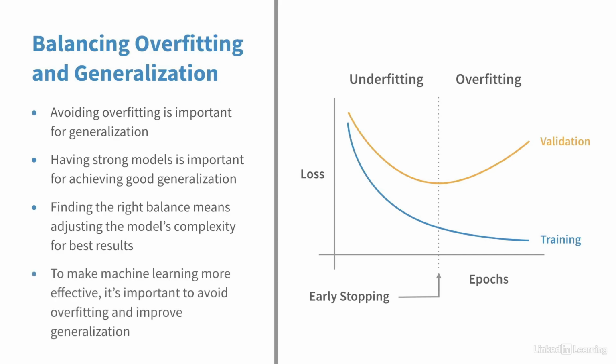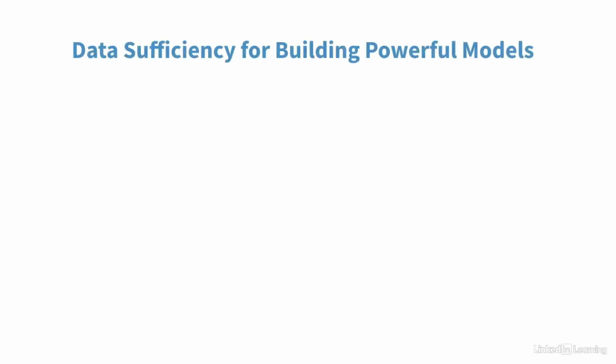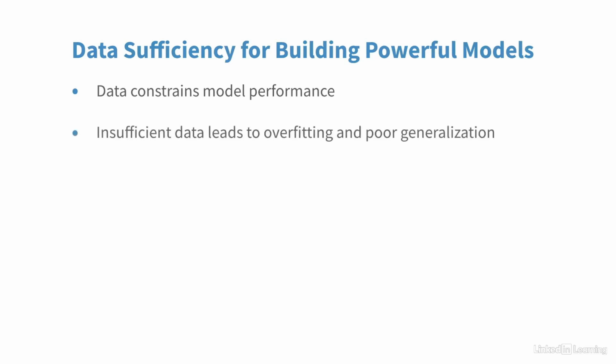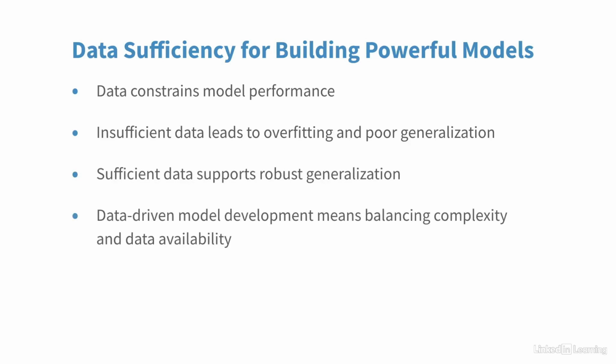To achieve strong generalization, you need powerful models. But to build a powerful model that avoids overfitting and achieves good generalization, you need to have enough data to support the complexity of that model. Without sufficient data to constrain the model, it will likely fit the training data too closely and fail to generalize well to new unseen data points.